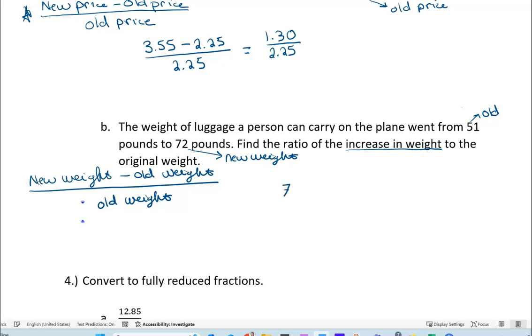So I have 72, that's my new weight, minus my old weight over my old weight. Now I run that calculation, so I do my 72 minus 51, and I get 21 over 51. So the ratio of change to the original weight is 21/51.